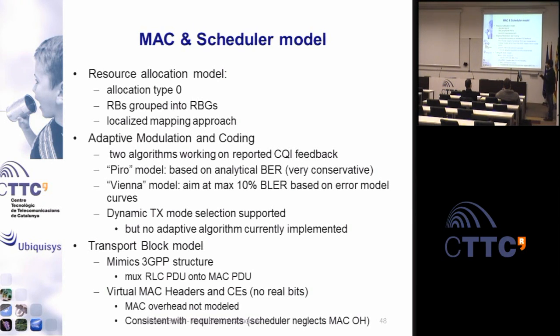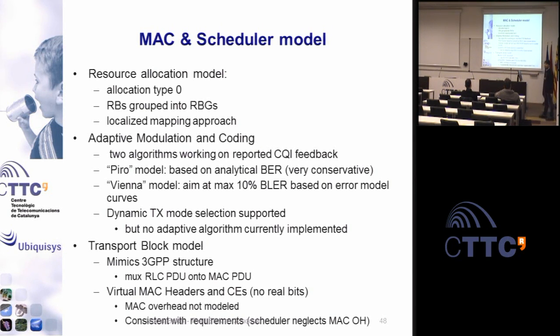In particular, it's very conservative. Then there is another model that we implemented based on the block error rate curves that you have seen for the error model. This AMC model selects the highest MCS that has a block error rate below 10%. This is consistent with 3GPP specs.